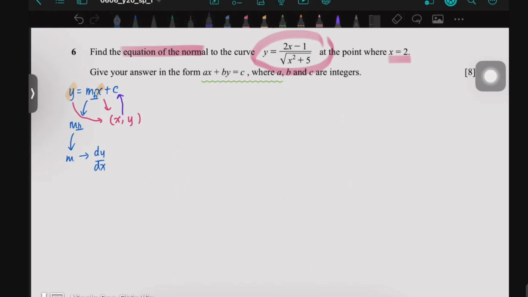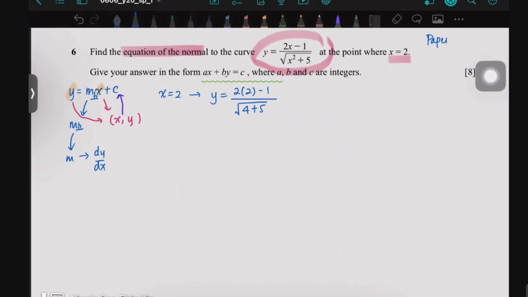Now, if you want to find out your point first, also can. Like what I say here, if I have x equals to 2, I need to find my y. So what is my y value? y equals 2 times 2 minus 1 over the square root of 4 plus 5. For example, this question I treat as a non-calculator paper, paper 1.